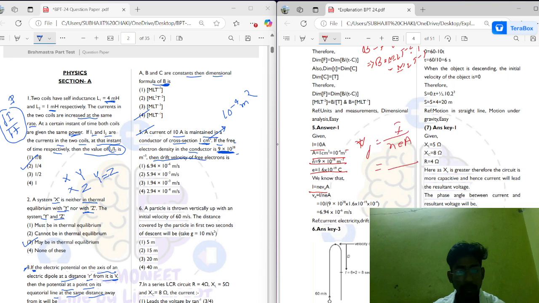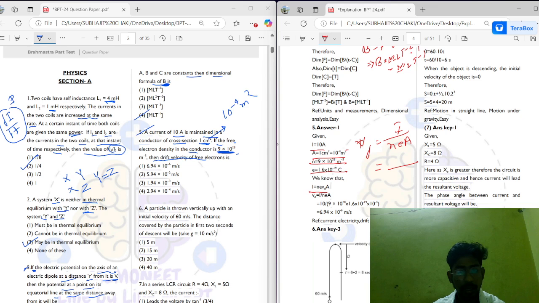So I equals 10, n equals 9 into 10 to the power 28, e equals 1.6 into 10 to the power minus 19, and A equals 10 to the power minus 4. First of all, check the powers. 28 minus 19 means 9, 9 minus 4 is 5, so that means 10 to the power 5 will be at the bottom, and with 10 to the power 1 it will become 10 to the power 6, and 9 into 1.6 means 14.4. Now take 100 out of this, 100 into 10 to the power 4.